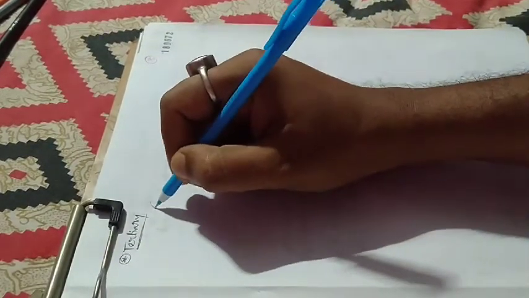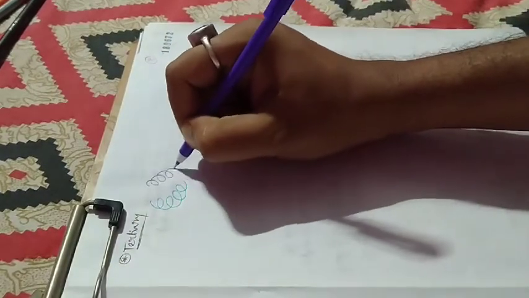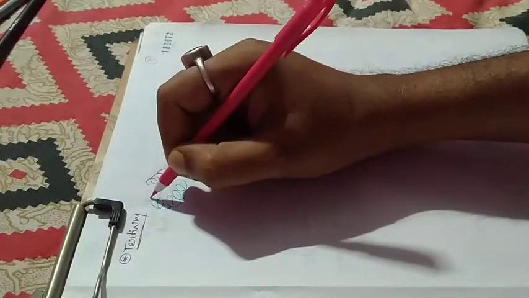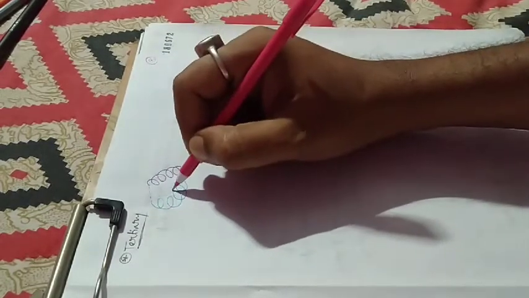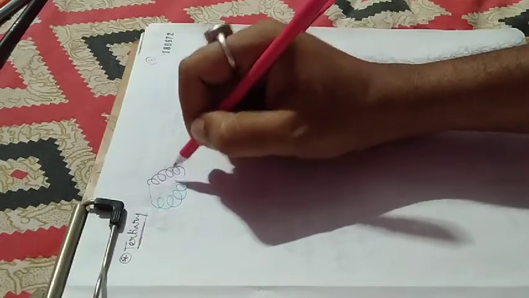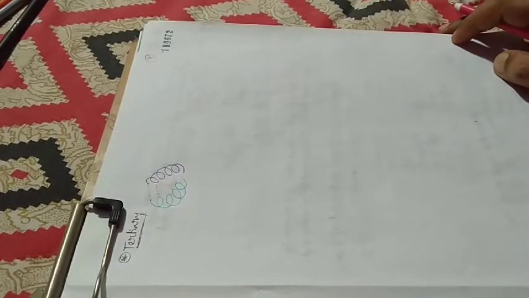Okay, then what happens here? Suppose this is a helix, that is a helix, and that is another helix, and these helices are attached by forming different kinds of bond, and they form the tertiary structure of a protein.